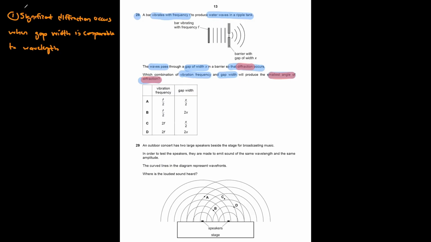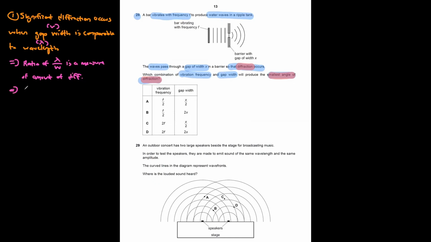All right. So there's a ratio that we can often use in order to determine the amount of diffraction. The ratio of wavelength to gap width is a measure of the amount of diffraction. The gap width here, let's call it W, and your wavelength here is lambda.